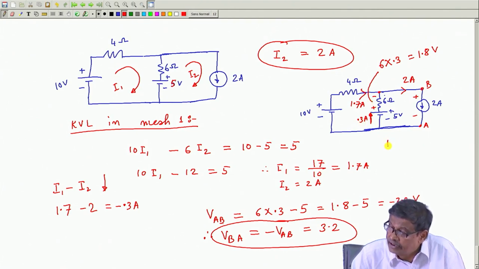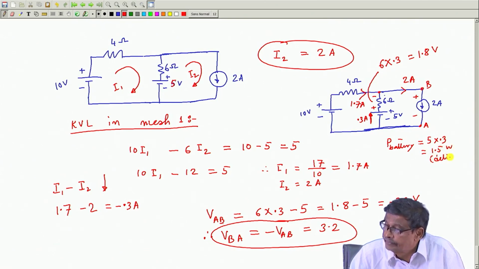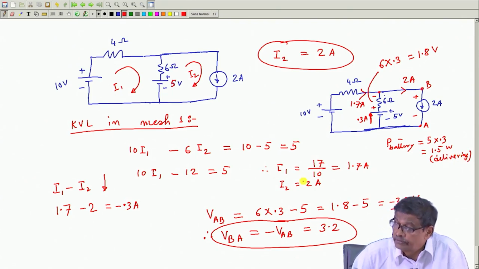So, the battery is delivering. P battery is equal to 5 volt into current, which is 1.5 watt, and I write a comment, delivering. It is delivering power to this network.